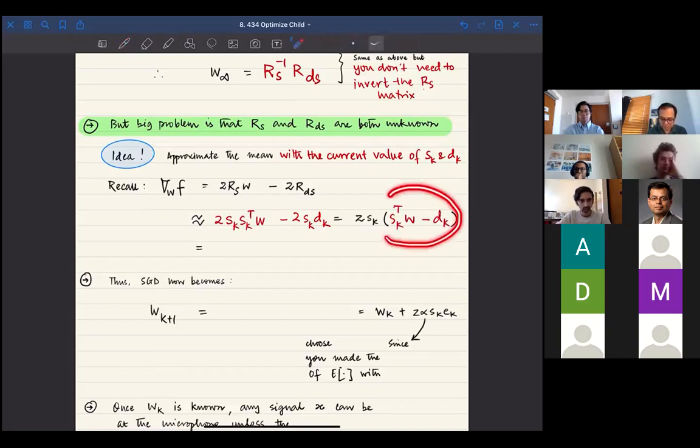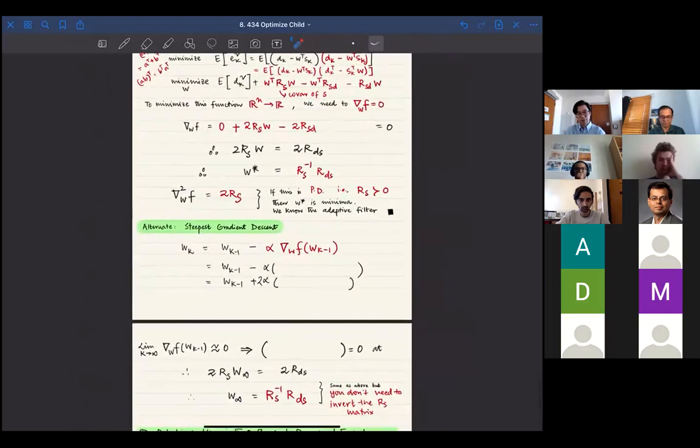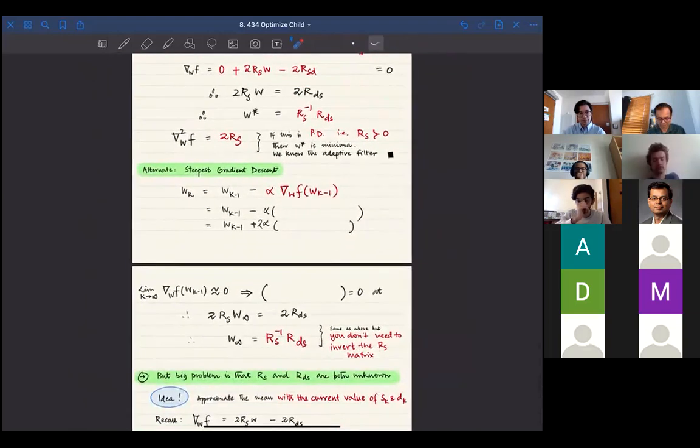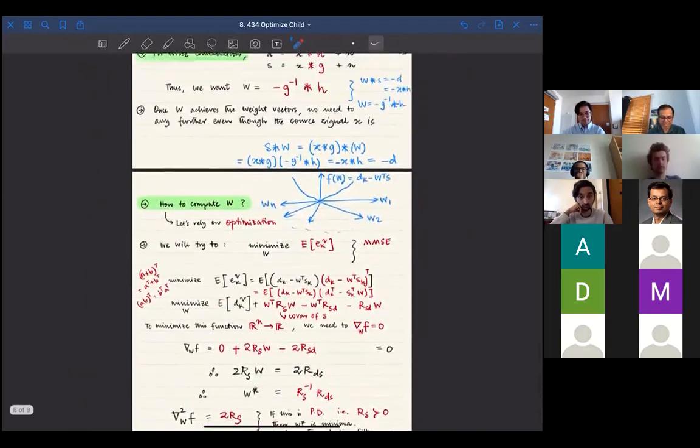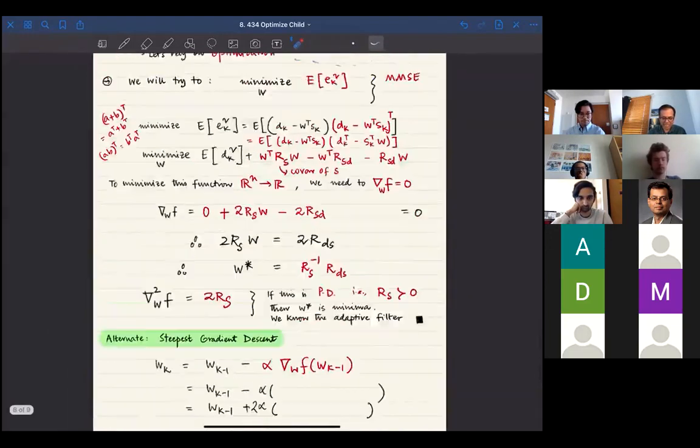What is this? This is exactly what we're measuring from the feedback microphone.